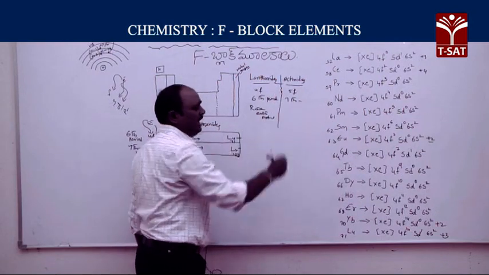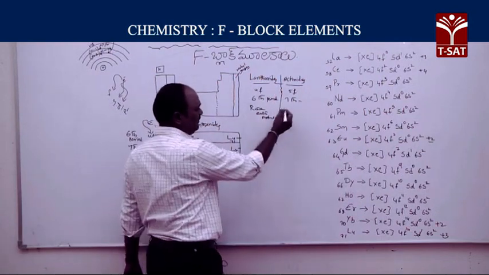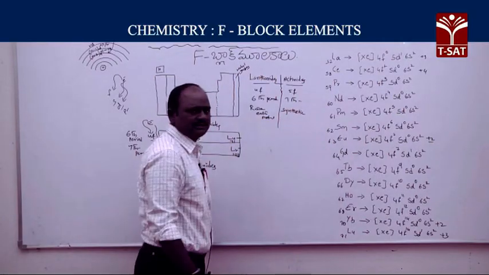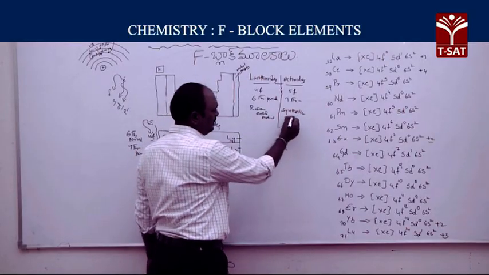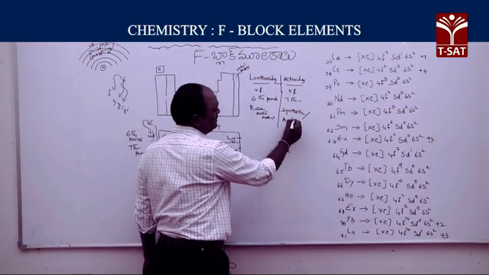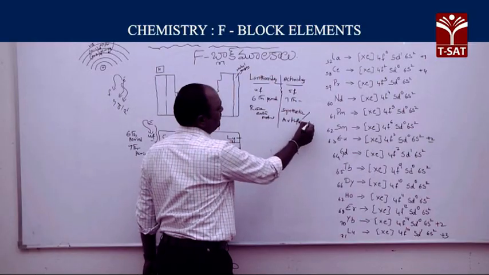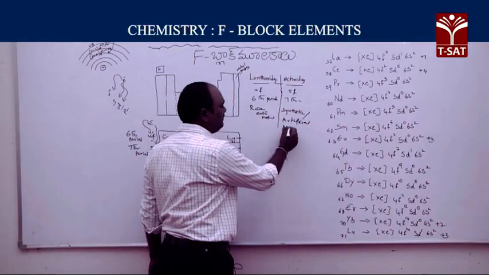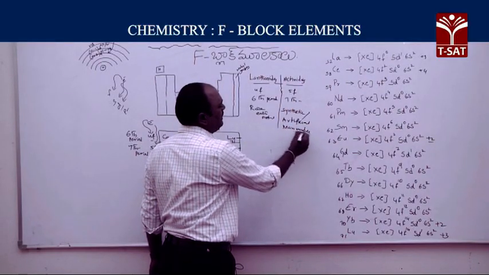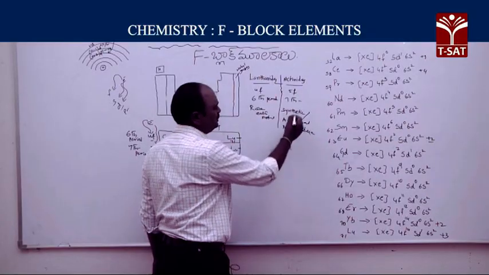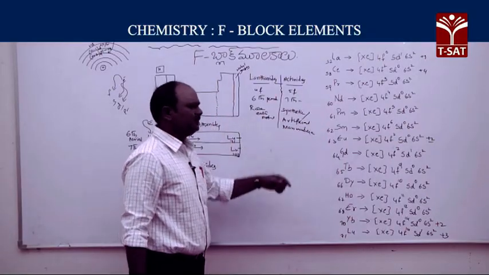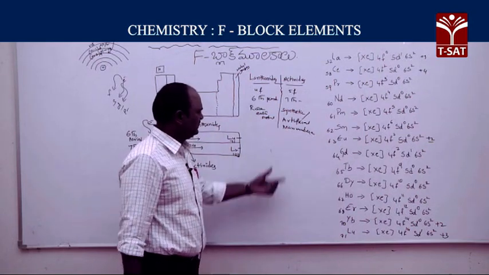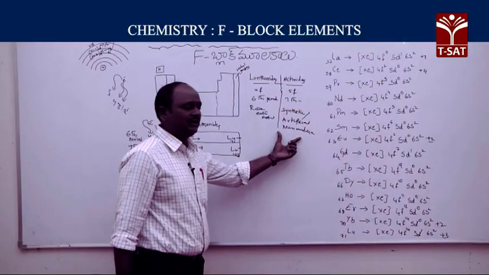Whereas actinides have many names: synthetic elements or synthetic metals, artificial metals, man-made metals, and one more word is also there, that is transuranic metals.